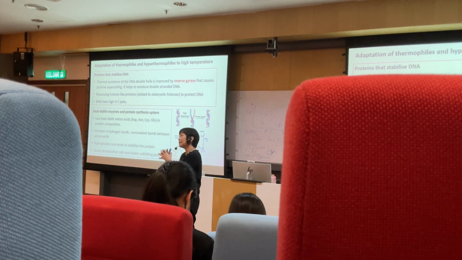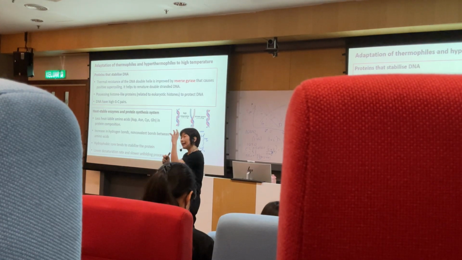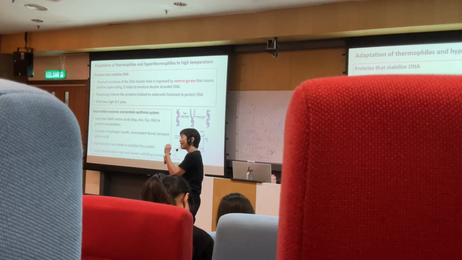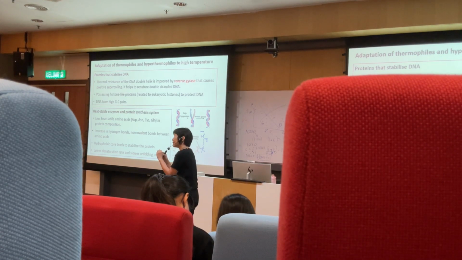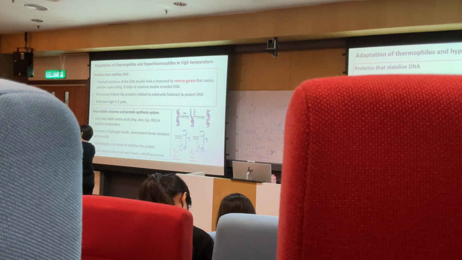And in general, you will see the thermophile proteins are much more compact, meaning that they do not have any space. Because you have folded the protein, right? You will have space in the protein. But those thermophile proteins, you couldn't find much space, so that they are more compact and stable. Okay.